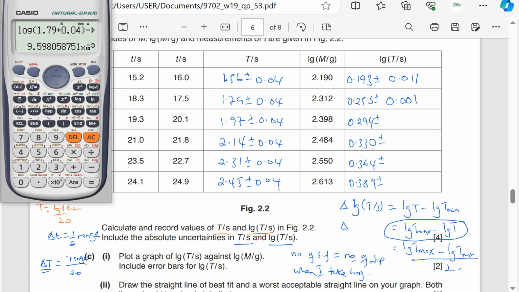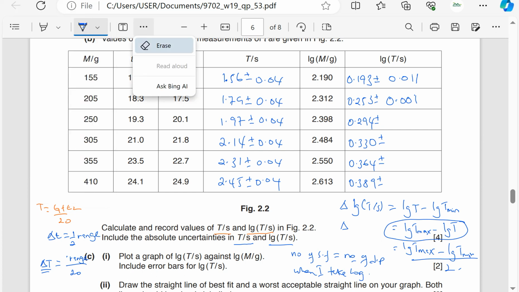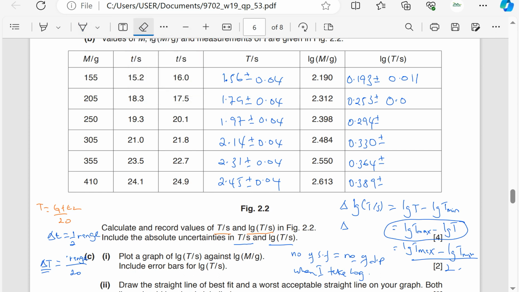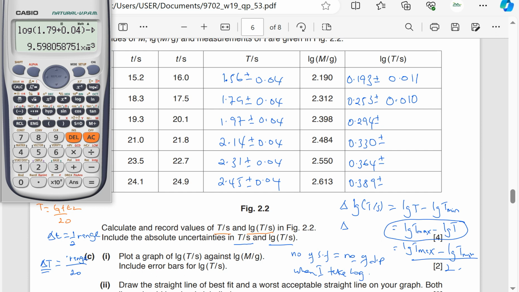No, it is 0.01. So round off to the nearest number of significant figures. I'll just write 0.01.